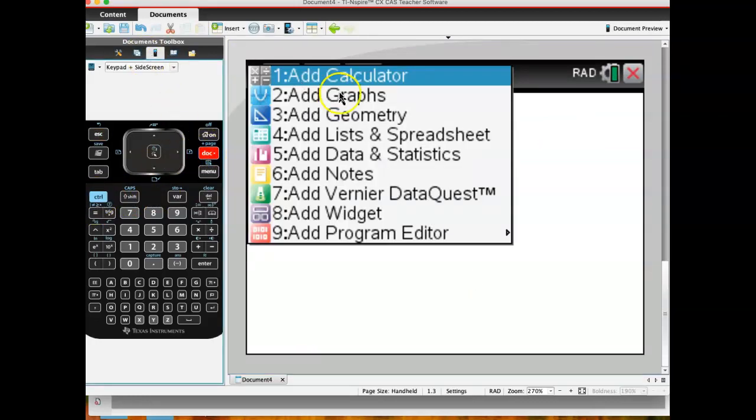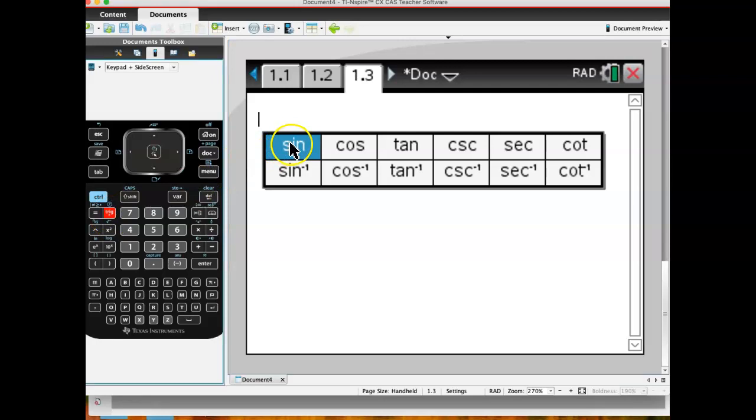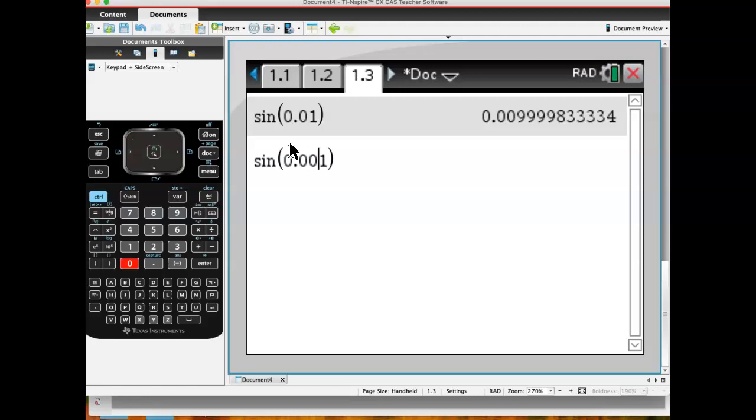So let me add a calculator page here. What I'm saying is if I take the sine of 0.01, that is realistically going to equal virtually 0.01. If I took the sine of 0.001, that's even smaller.